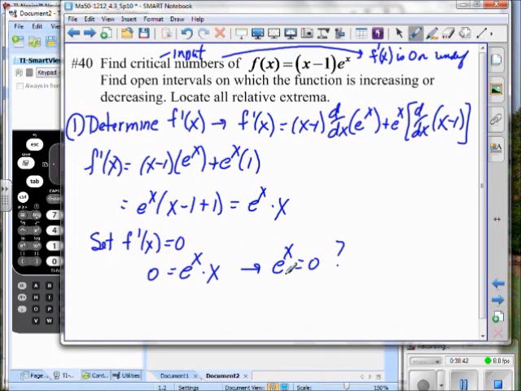What exponent on a base creates a 0 value? Impossible. Okay, so we can't do that. Or x is equal to 0, well, that's a possibility. Okay, so the input can be 0. So what is a critical number of the function?